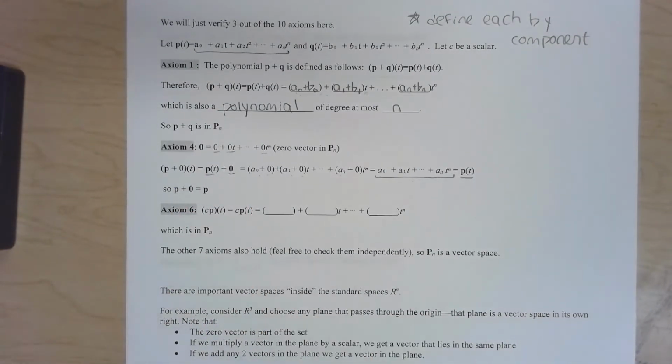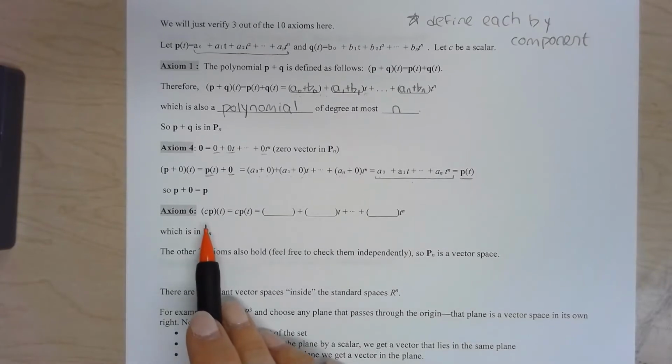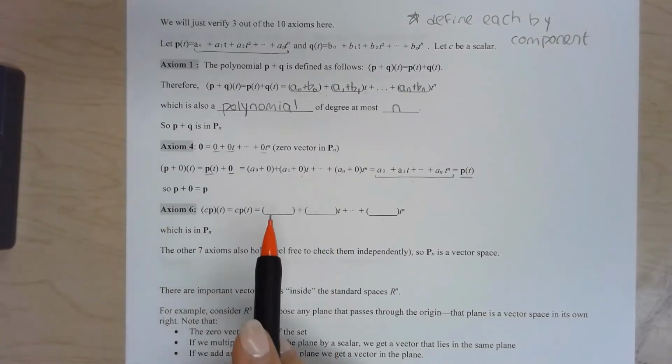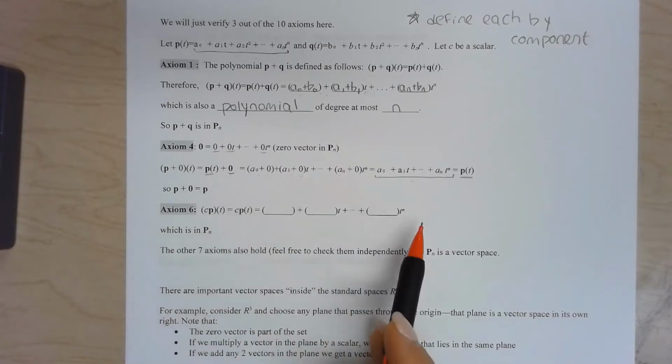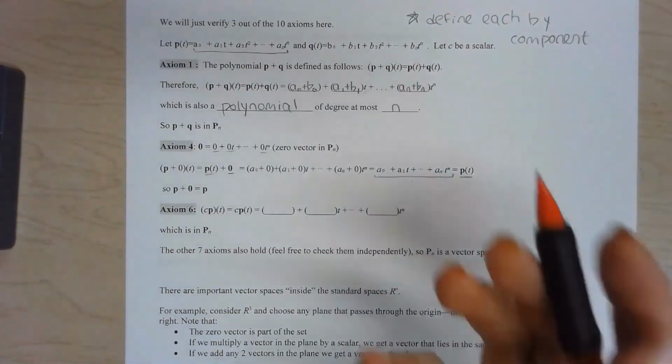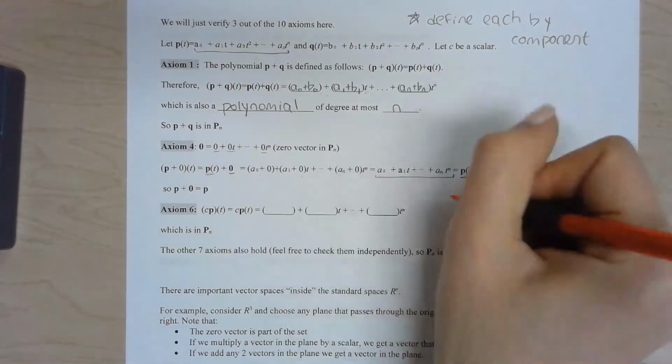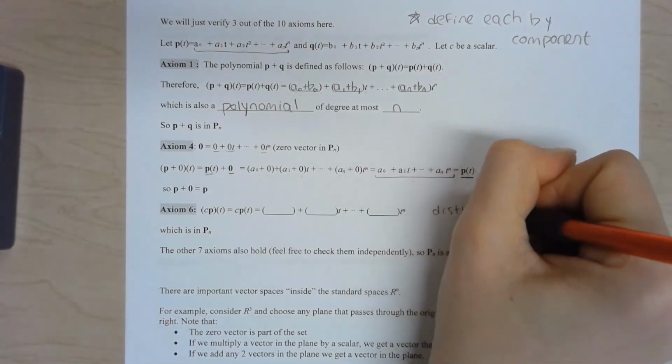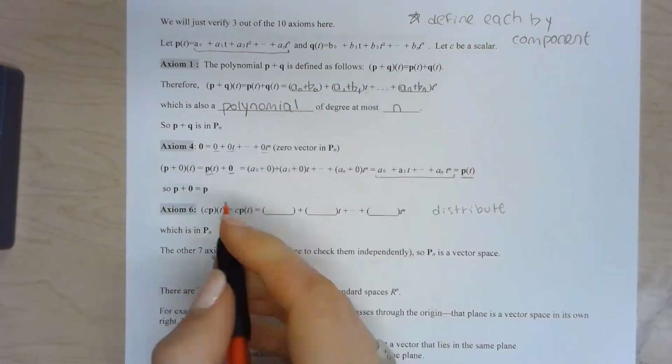And finally, we'll look at what happens if I multiply a polynomial, or a vector in this space, by a constant. Is that still a polynomial that follows these rules? And so I distribute the constant to each term.